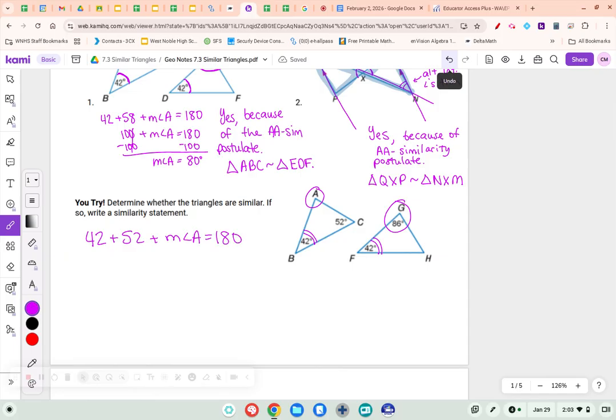That'll give us 180. So we combine like terms, get 94 plus the measure of angle A is equal to 180. We subtract 94 on both sides, and we get the measure of angle A is 86 degrees, which means angle A and angle G are congruent to each other. So we have angle, angle, sim, so these triangles are similar.